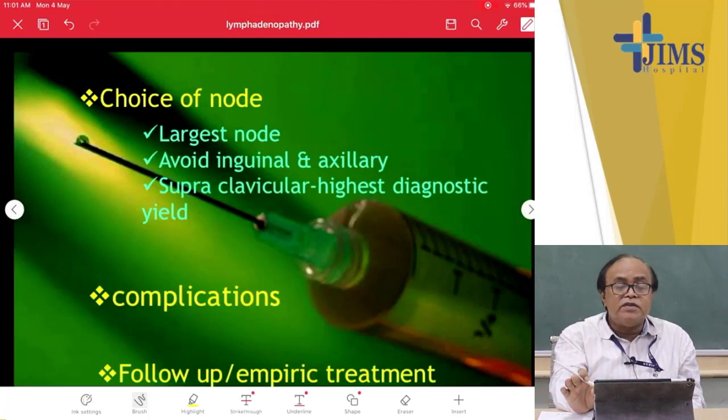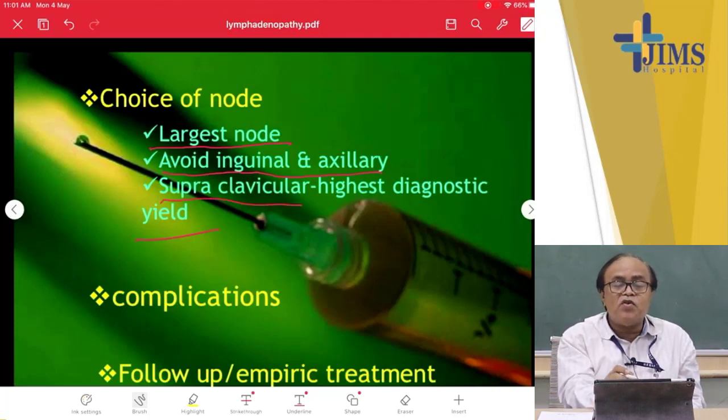Then which nodes will you choose for this biopsy? Out of all the lymph nodes, it is preferable to take the largest nodes, and if possible avoid inguinal and axillary nodes. Supraclavicular nodes have the highest diagnostic yield, this is very good.